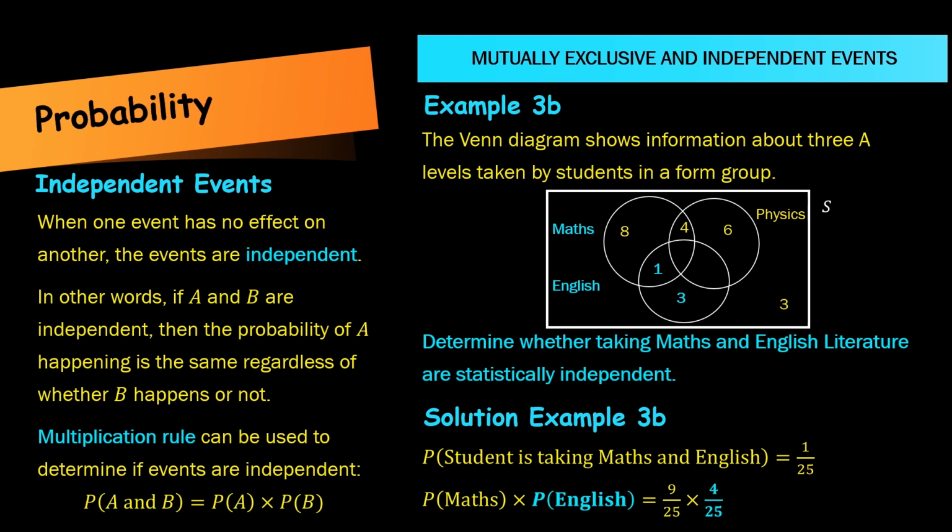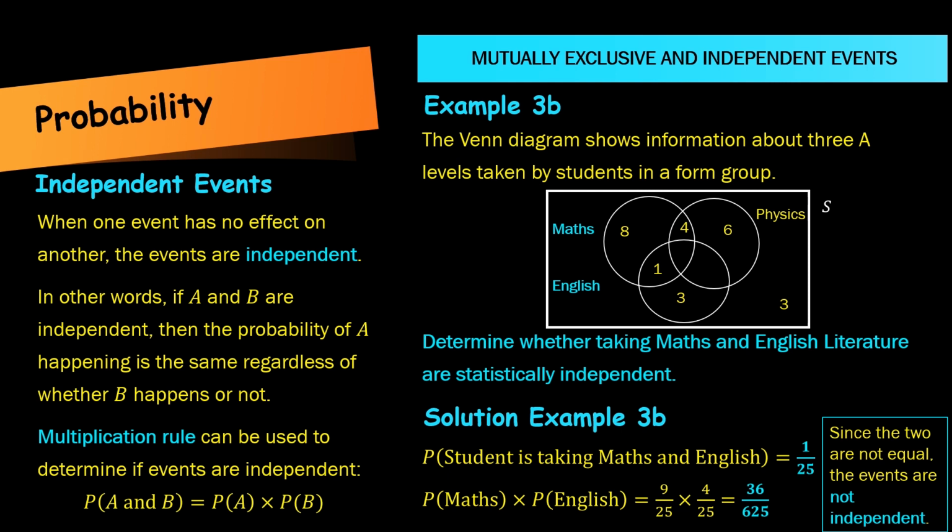So we multiply the two by one another, and that gives us 36 out of 625. Are these two equal? No. Since the two are not equal, the events are not independent.